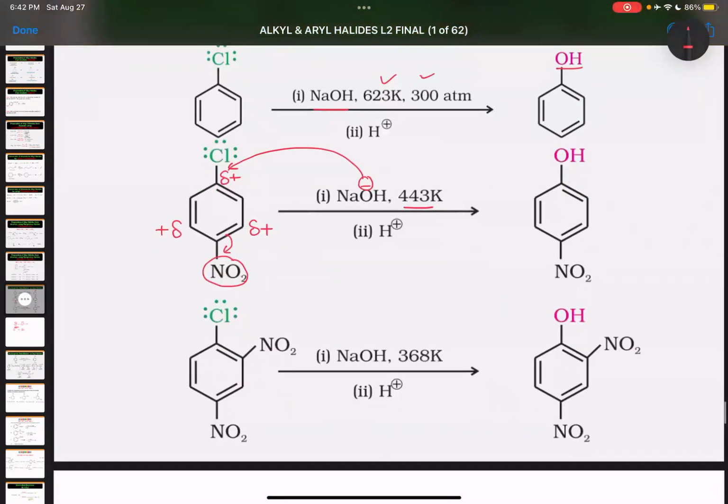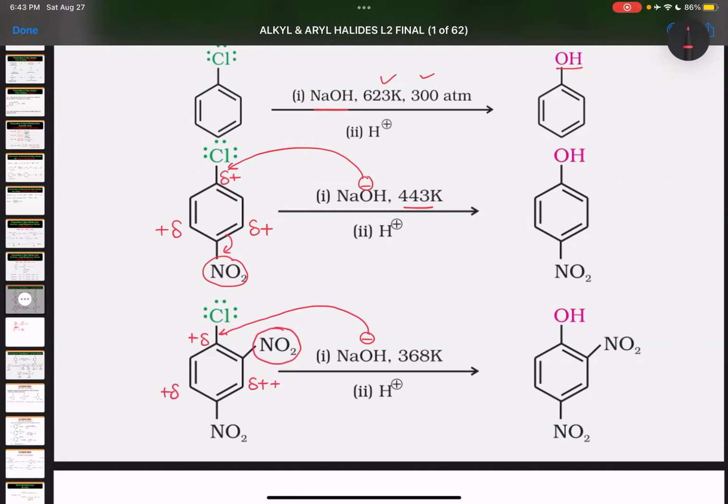And in the same way, if you have 2 or 3 NO2 groups, it becomes further easier for the OH minus to come and attack. Is it clear? So the OH minus will come and attack here because the NO2 is bringing positive charge. This NO2 will bring positive charge at this position.